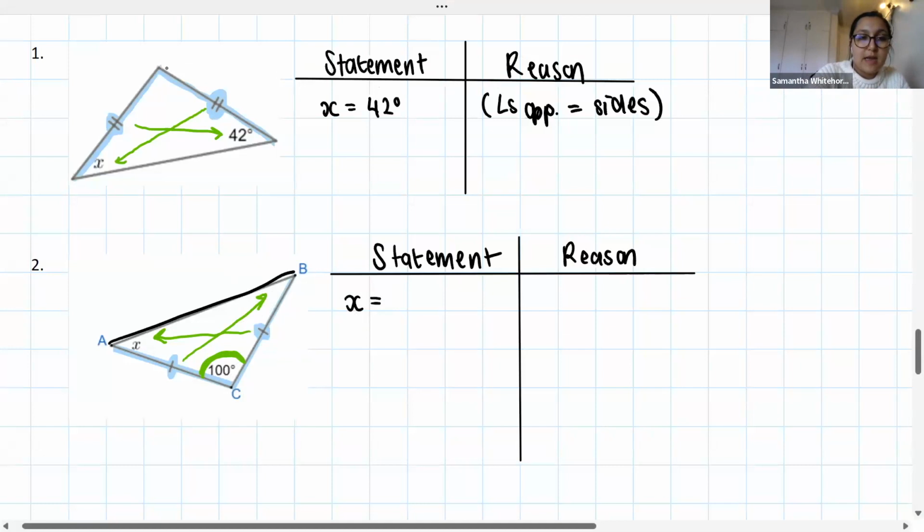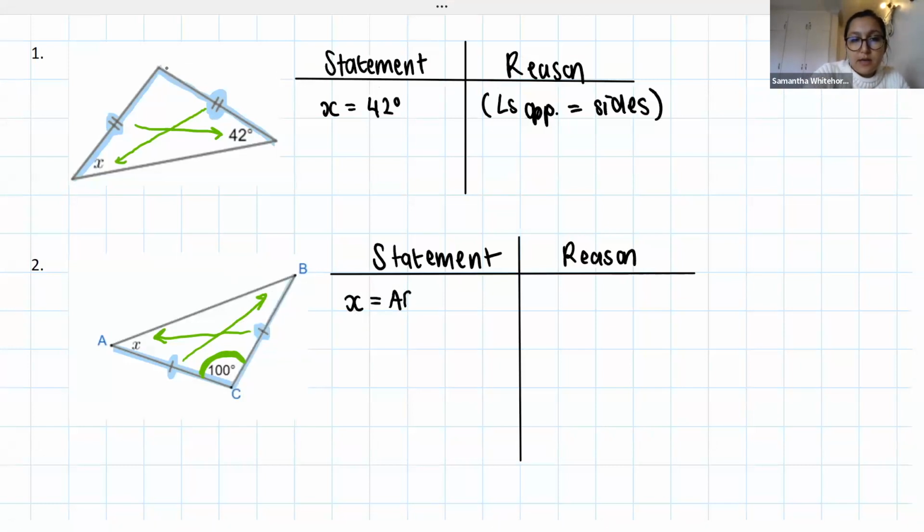So it'd be A, B, C. So angle A, B, C with a little hat on B. They are equal. We know that they're equal because of those green lines, which is angles opposite equal sides. So what we've just established here is that both of those angles right now are an angle of x. I need to figure out what x is.